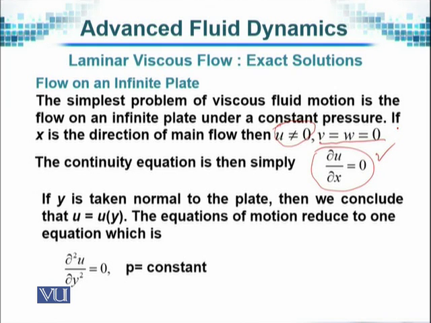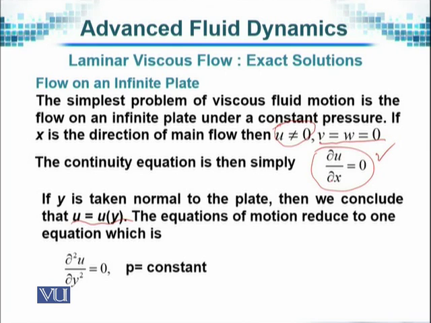So, since we have taken the flow field situation that the fluid flow is taking place only in the x direction, this part is non-zero, and if we integrate it, let's say in a two-dimensional situation, then the velocity u will be dependent possibly only on y. Why?